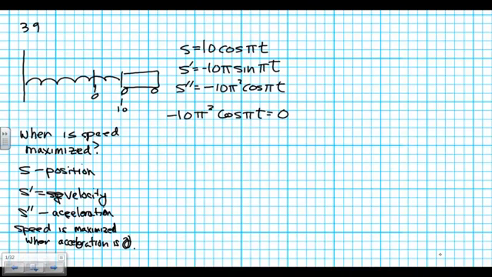Well, it's going to be where cosine is equal to 0. Let's say normally cosine starts up here and goes down, goes up and goes down. So normally it's equal to 0 at pi over 2.